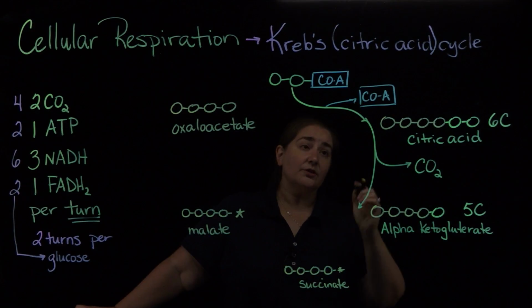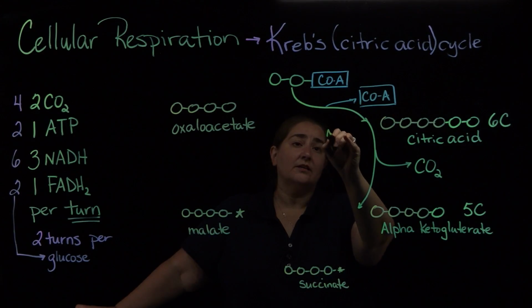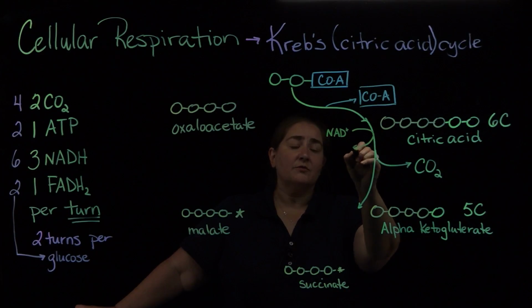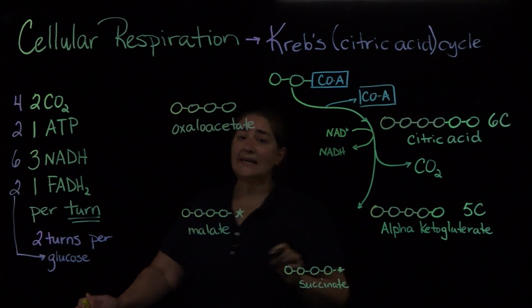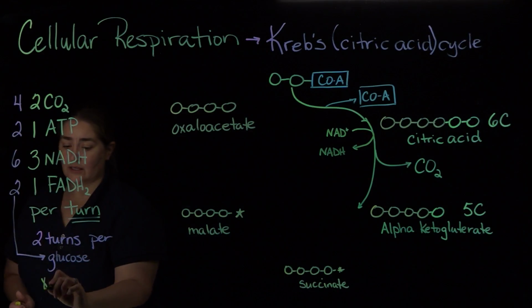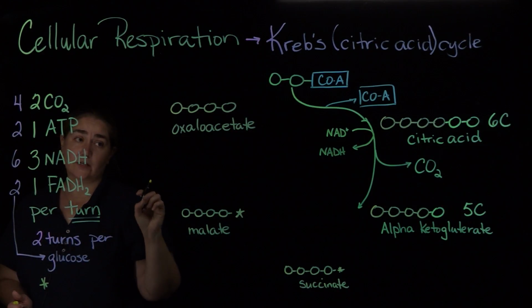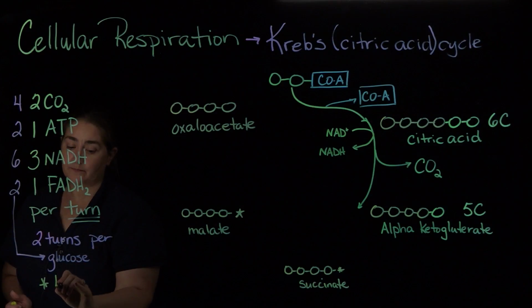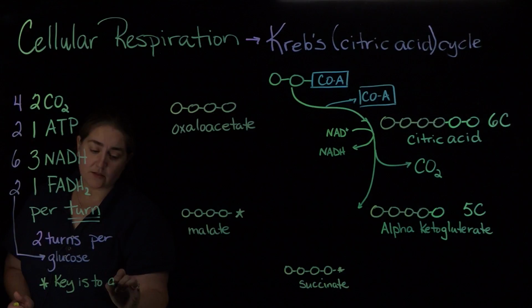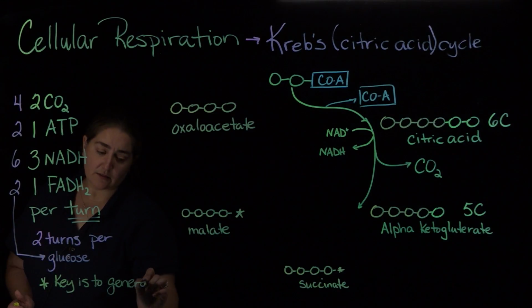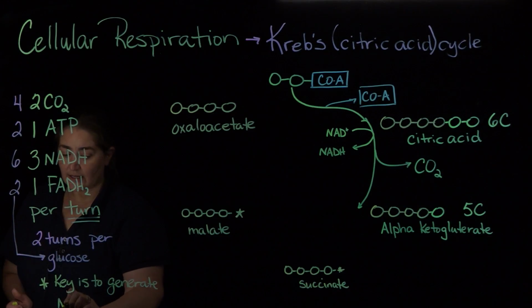And we're also going to start sucking some of those electrons out of this process. Because one of the key things of the Krebs cycle, or the citric acid cycle, is to generate our NADH, okay?